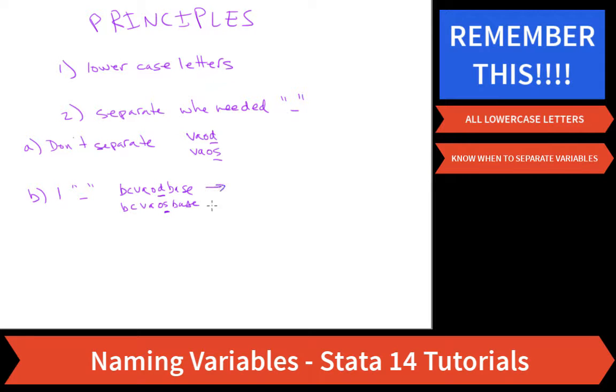So I would suggest over here that we use a single underscore to really highlight that difference better. So you can go BCVAOD and BCVAOS underscore baseline. And now you can see this difference much more clearly. It stands out much better.